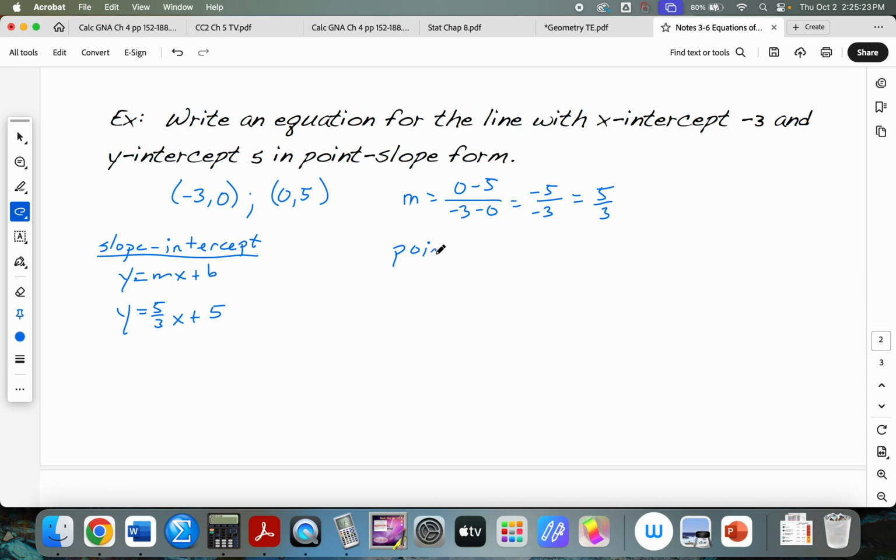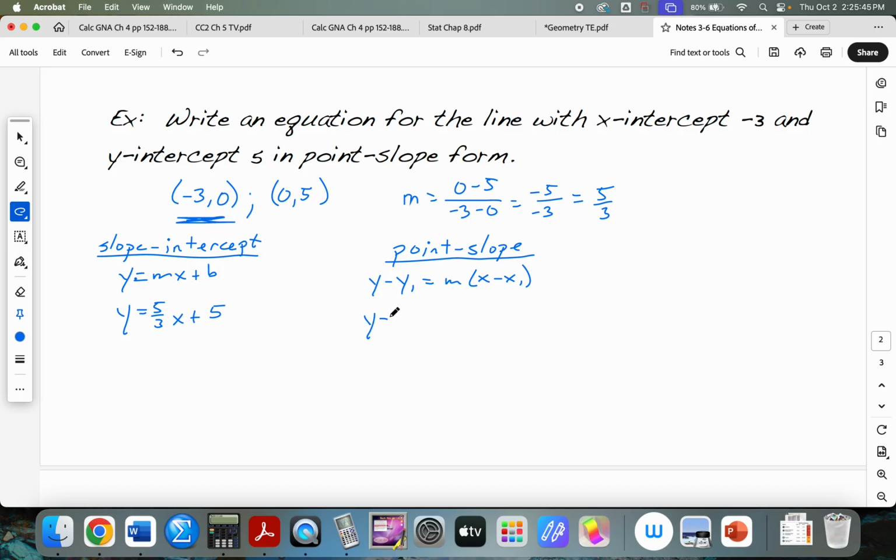It's a perfectly good equation. You could put it in point slope. y minus y1 is equal to m times x minus x1. Let's say I picked this point. Okay.